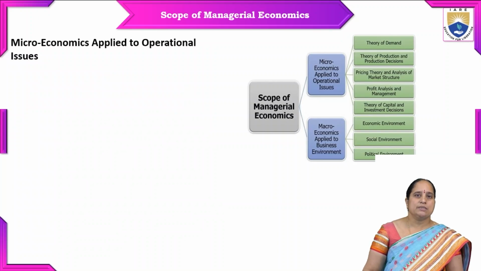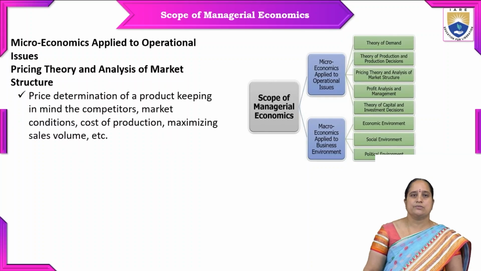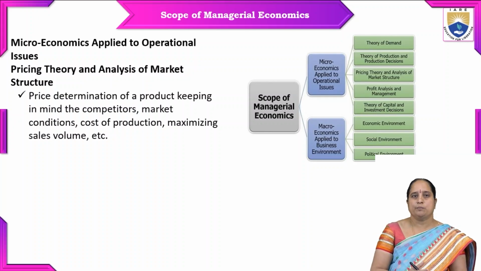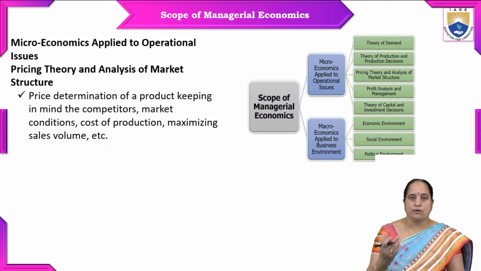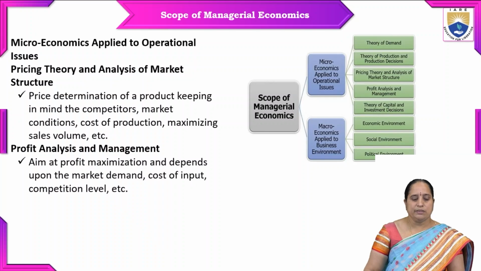Then microeconomics applies to operational issues. Under this, pricing theory and analysis of market structure. So already we have discussed price determination, how people determine their prices by taking into consideration their competitors' prices, market conditions, and cost of production, and profit analysis and management.